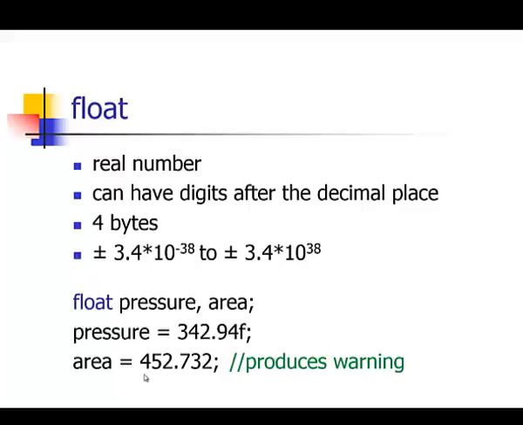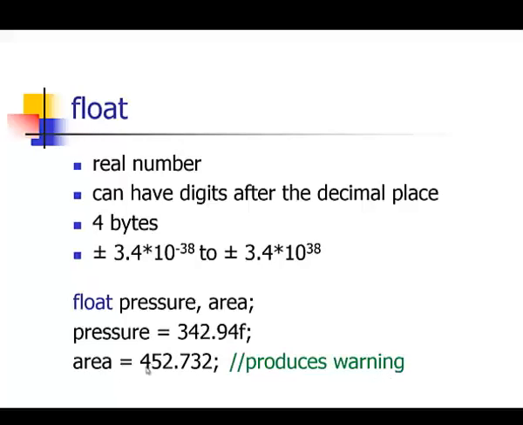Certainly, a float is big enough to hold this number, 452.732, but that doesn't matter. The system does not look at the specific number. It just knows that whenever you take a double and store it in a float location, there's possible loss of data. So it will produce a warning.